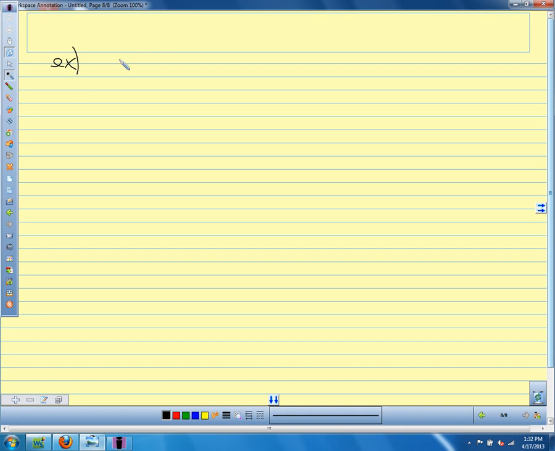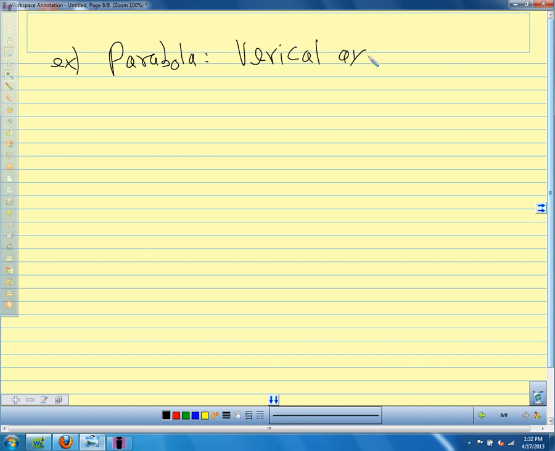So we have a parabola. It has a vertical axis. It goes through the point negative 3, negative 3.